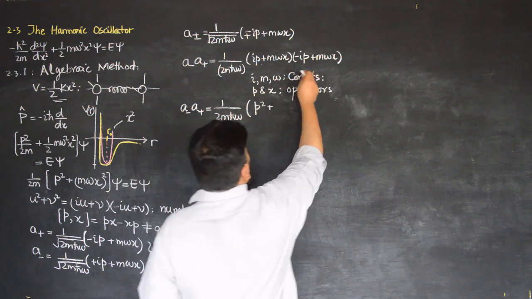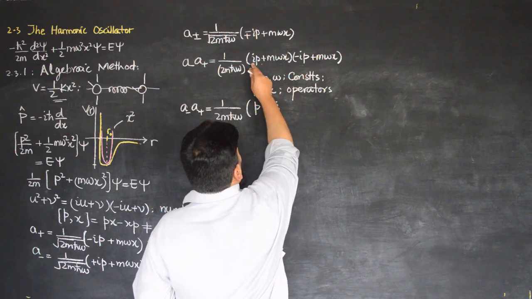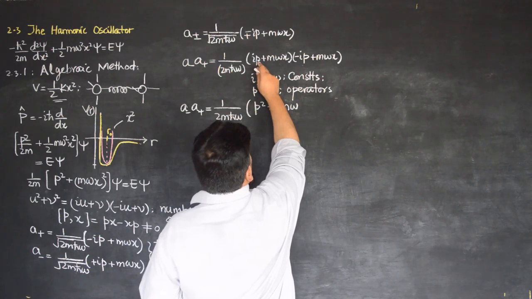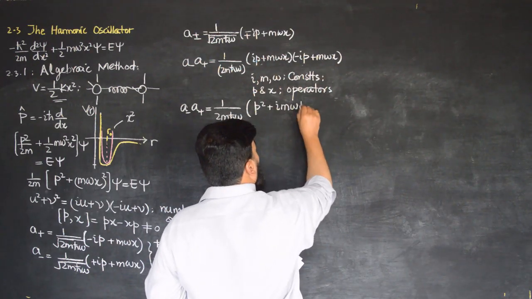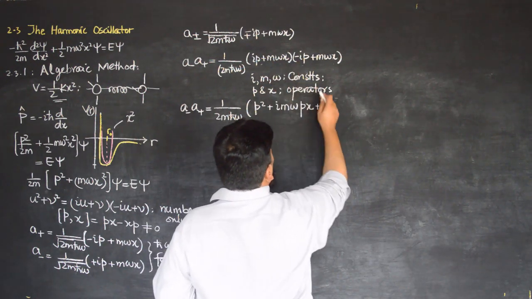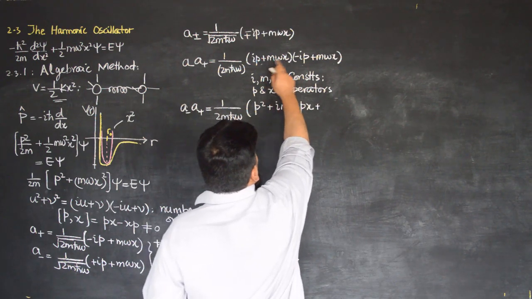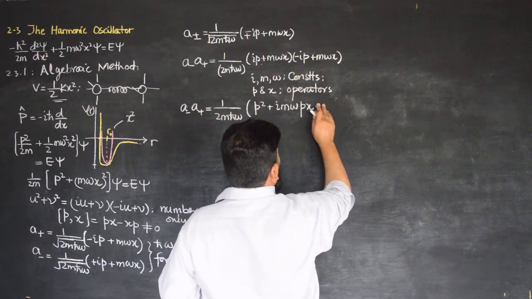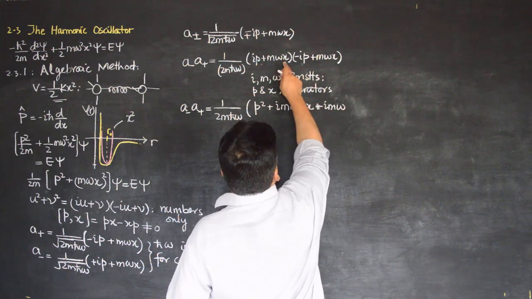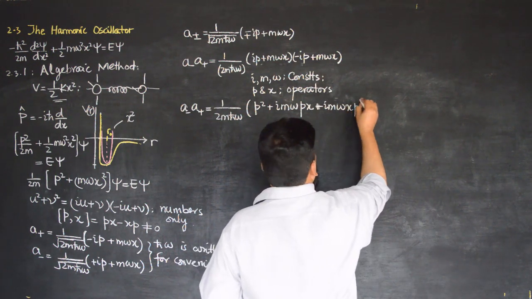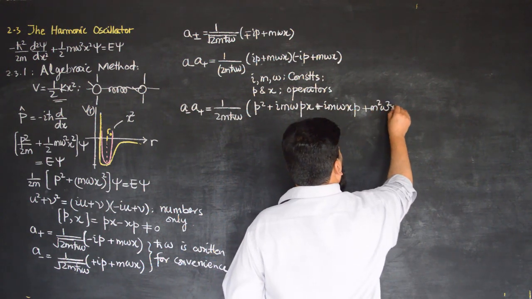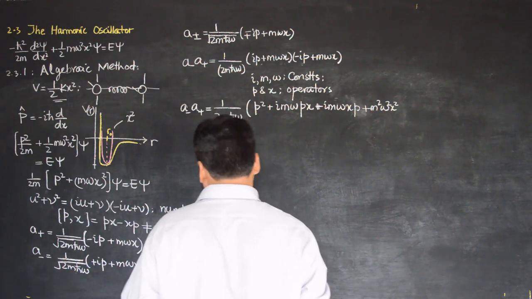Then plus i m omega, and then the operators p and x in the same order. Similarly, plus, this will multiply with this, and it will be minus i m omega, and then xp, and this will multiply with this, and it will be simply m squared omega squared x squared.